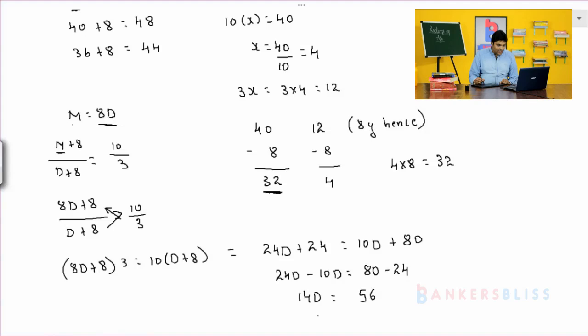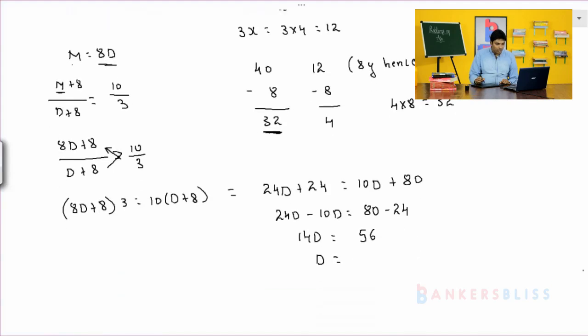So D is equal to 56 by 14. 14 3s are 42, 14 4s are 56. So the present age of D is 4. Then M is equal to 8D, which is equal to 8 into 4, which is equal to 32.